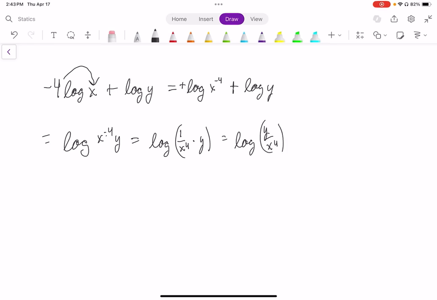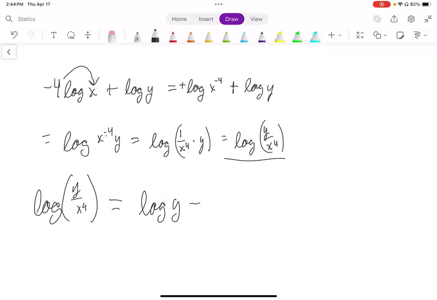Lastly, I want to point something out here. If I were to expand this, so consider the expression log y over x to the 4th, how would I go about doing that? Well, I know they're being divided, so I'll start with my top. This has to be positive, so log y minus log x to the 4th.